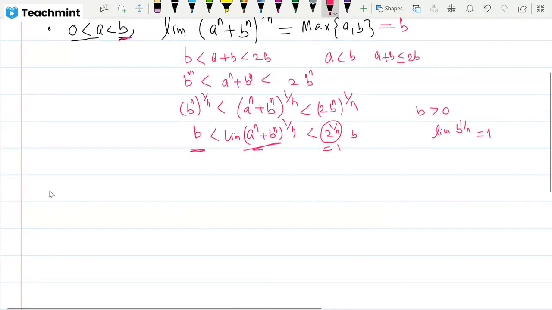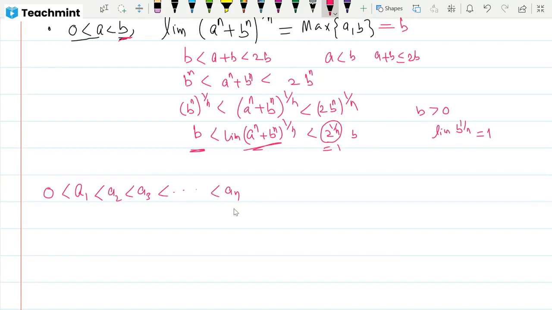Now suppose 0 is less than A1, less than A2, less than A3, and so on up to An, and we want to find the limit of this sequence. So this one, A1 power n plus A2 power n plus so on plus An power n, whole power 1 by n.